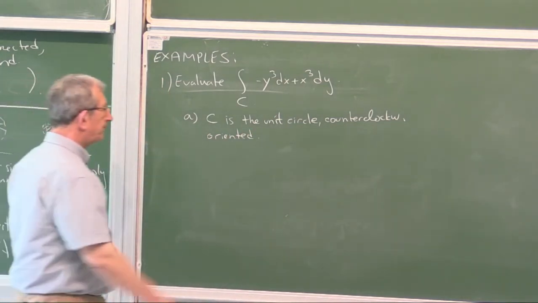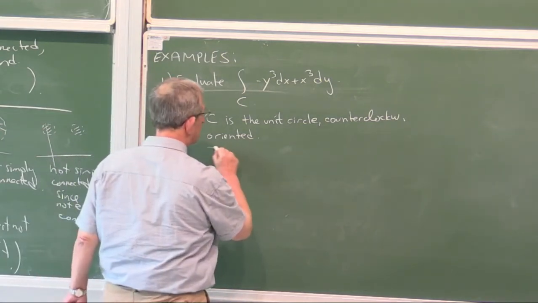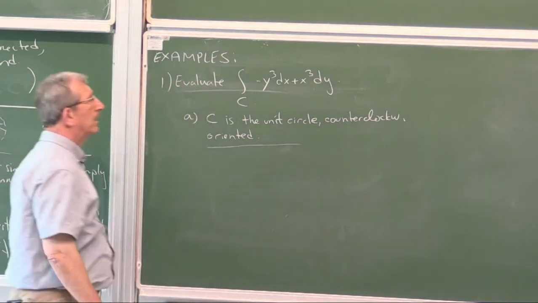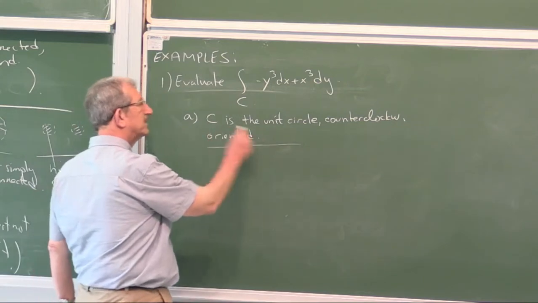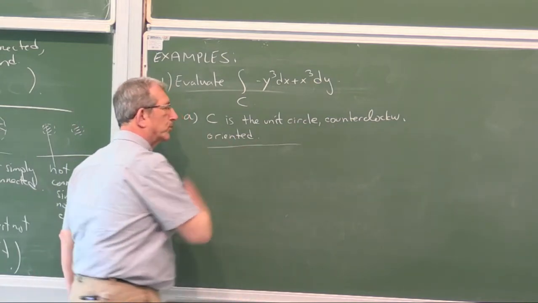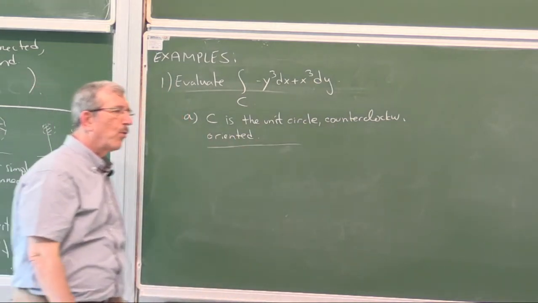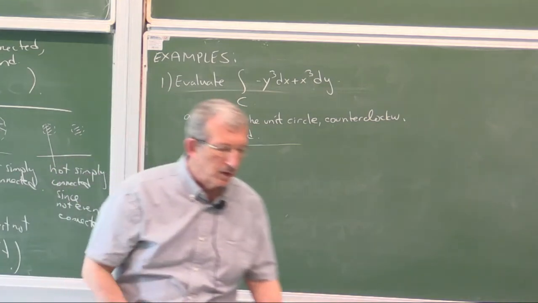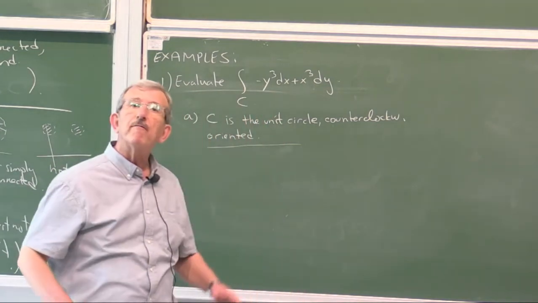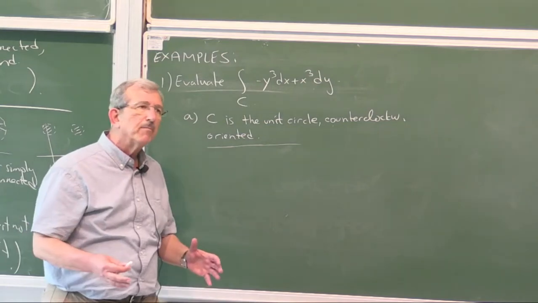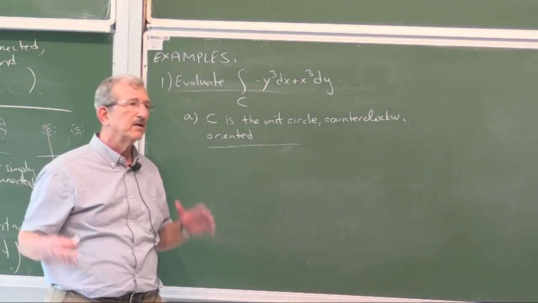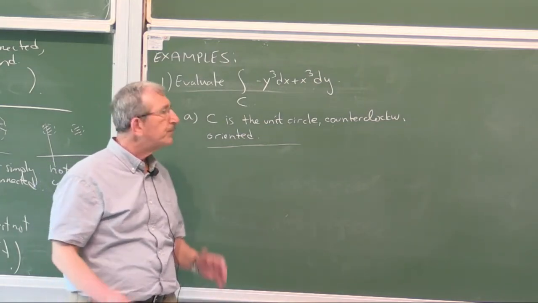Well, here, the first thing we observe is that C is a closed curve. So when we have a closed curve, we should immediately think of applying Green's theorem because it can simplify matters extremely.